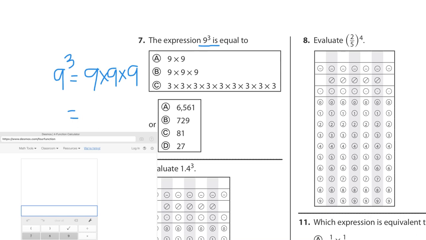Okay, so we need to have 9 times 9 times 9. That gives us 729. So now we know it's 729. This one is correct, and this one is correct.